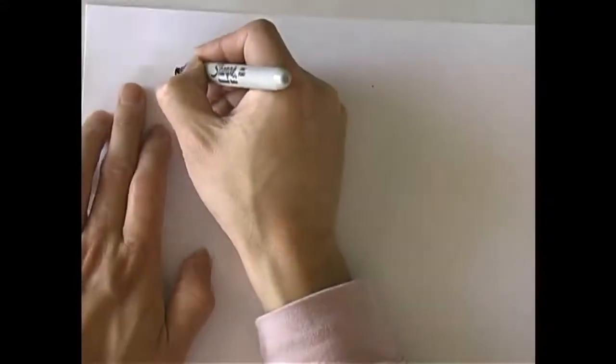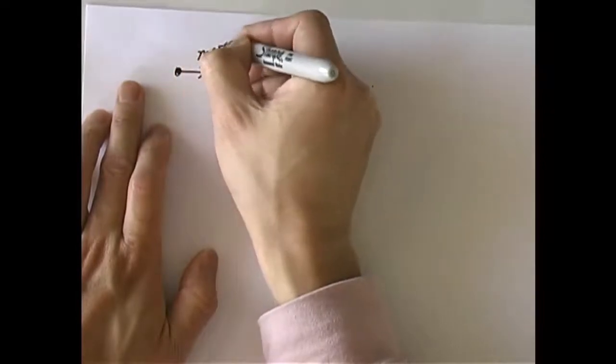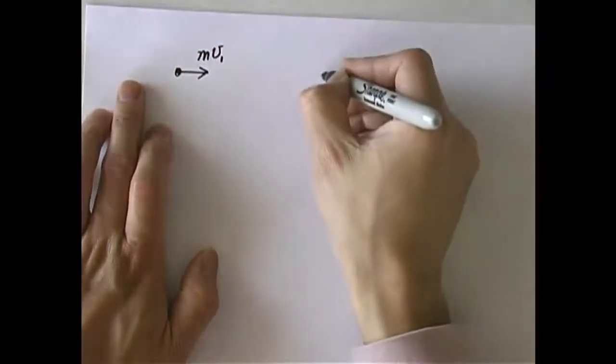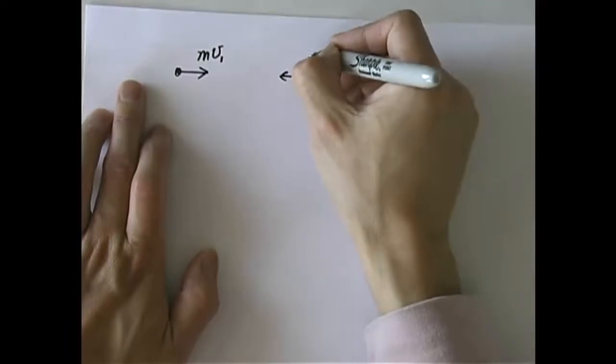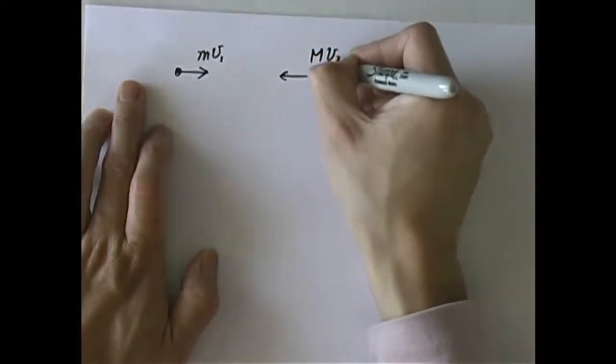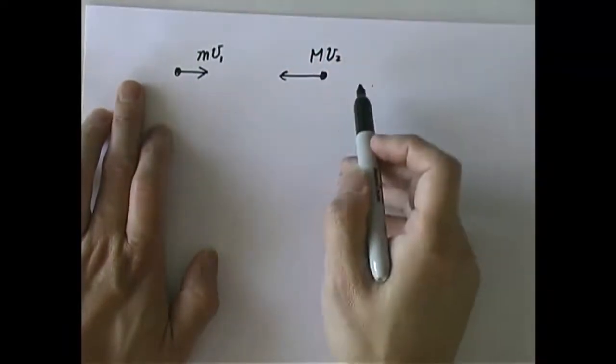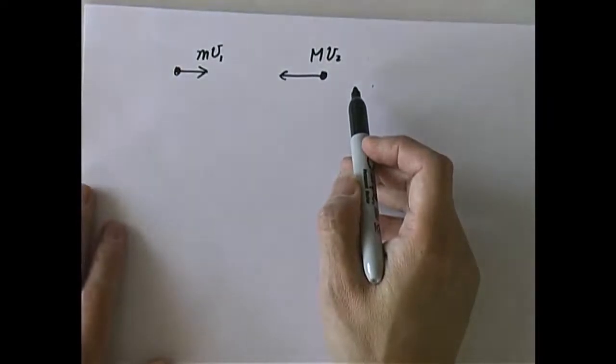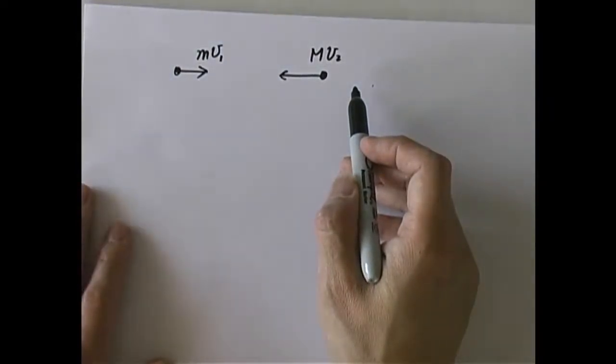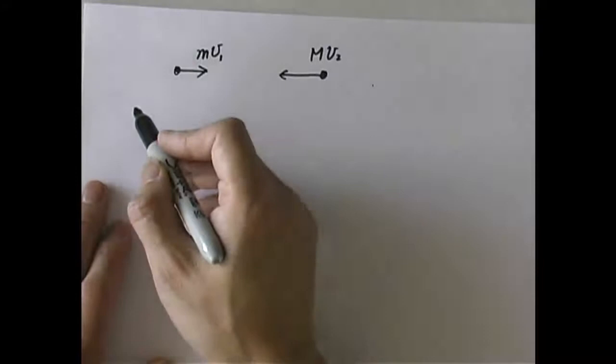So the person goes forward, m v1, the car goes backward with the linear momentum capital M v2. That's when they start moving. Before they move, neither of them has any linear momentum, so the linear momentum of the system is 0, so P initial is 0.